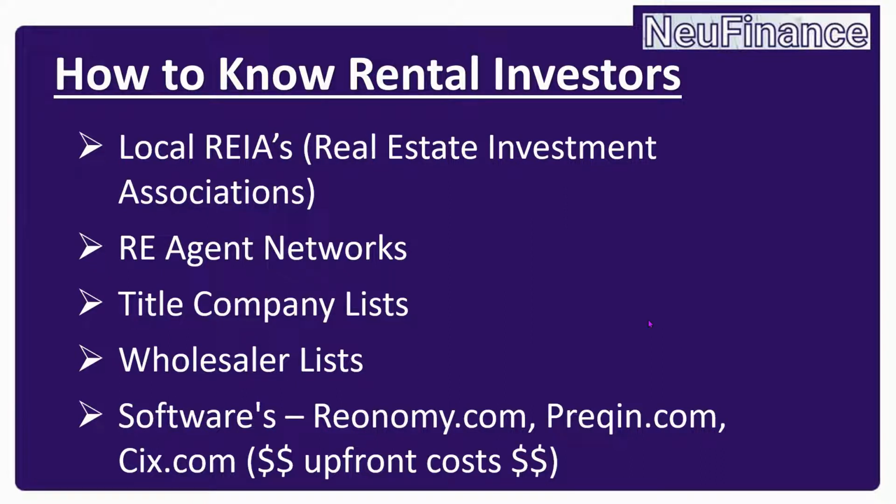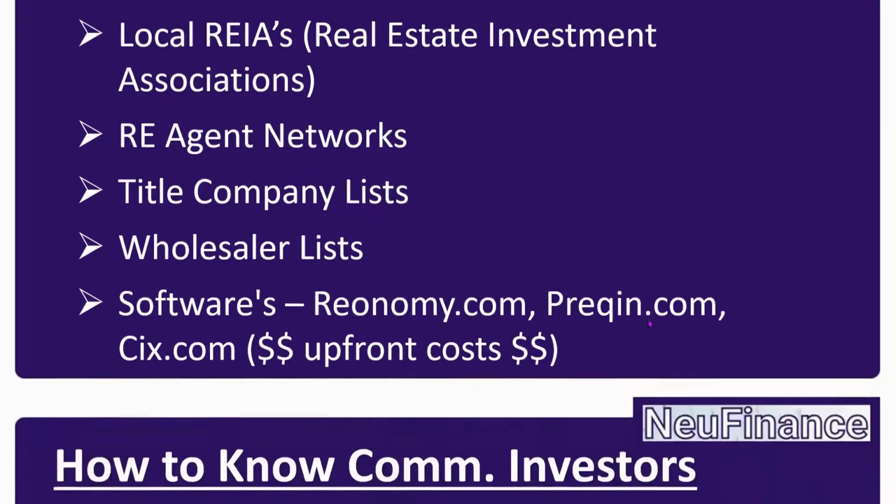So Reonomy is fantastic for pretty much any of these categories. Cix is very good for your 30-year rental and your fix and flippers. Preqin, I'm not very familiar with, but I know it's also one of those websites. So softwares are also a great place to get to know these borrowers who are looking for perm loans.